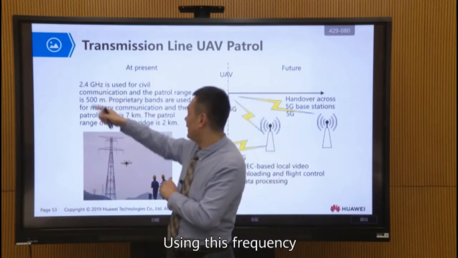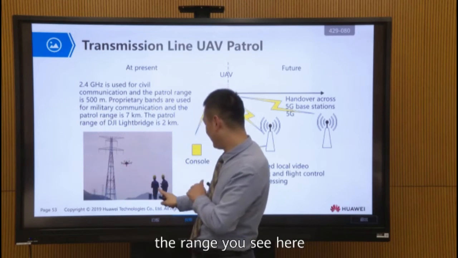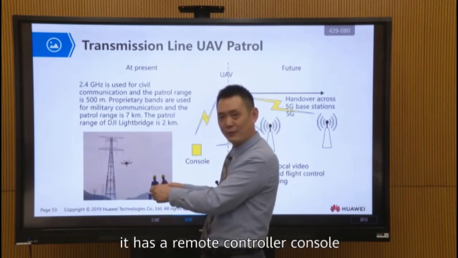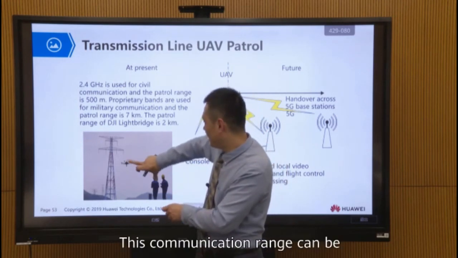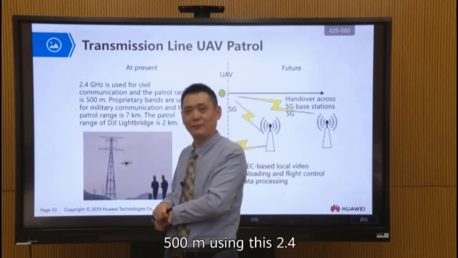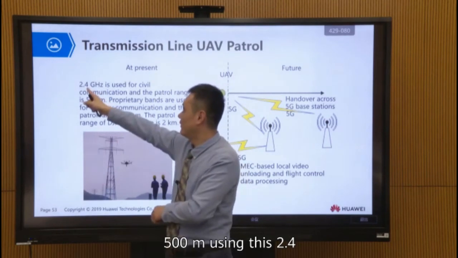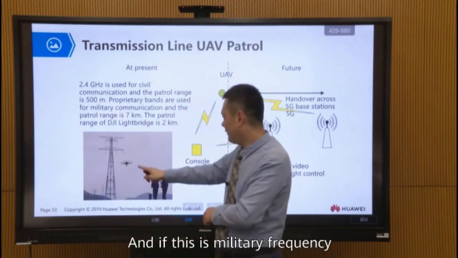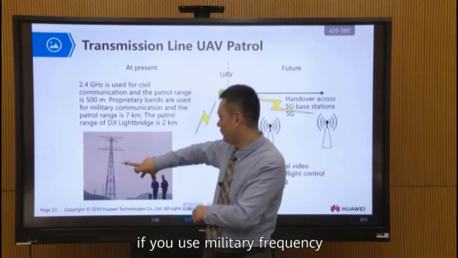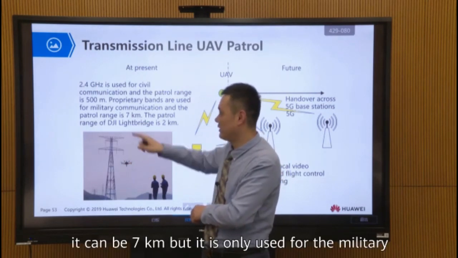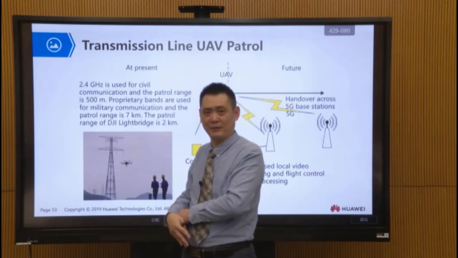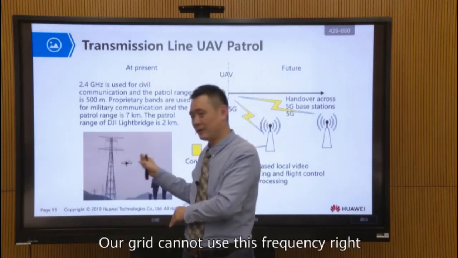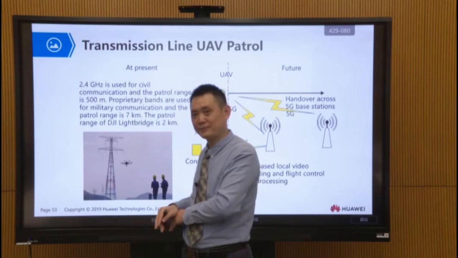Using this frequency, you see here, there is a remote controller console. The communication range can be 500 meters using 2.4 GHz. If it is a military frequency, the range can be 7 kilometers, but it is only used for the military. The grid cannot use this frequency, right?